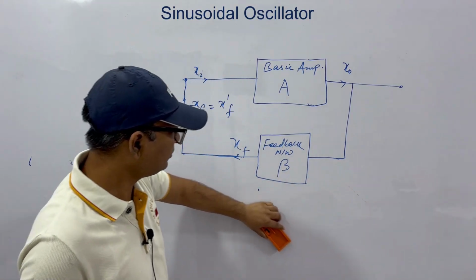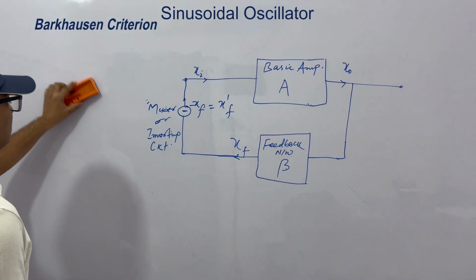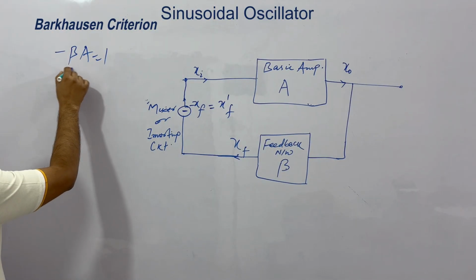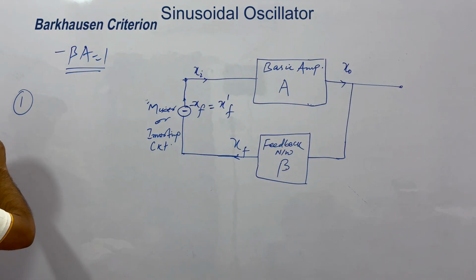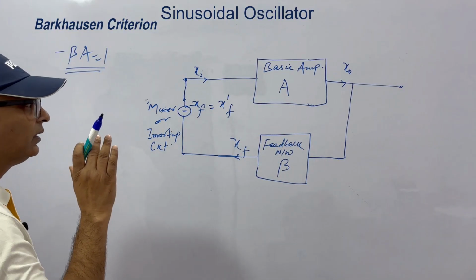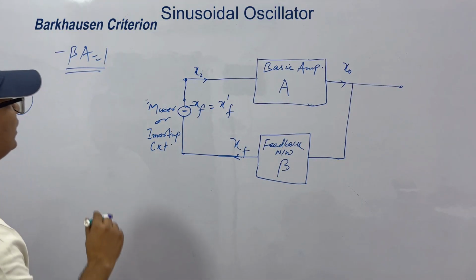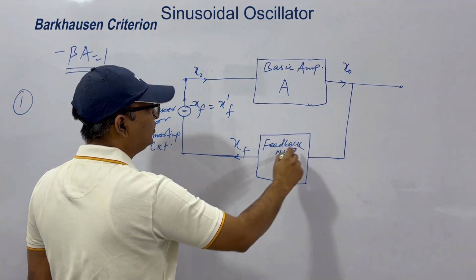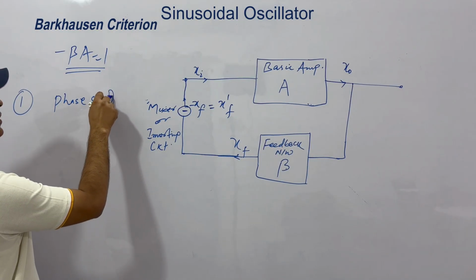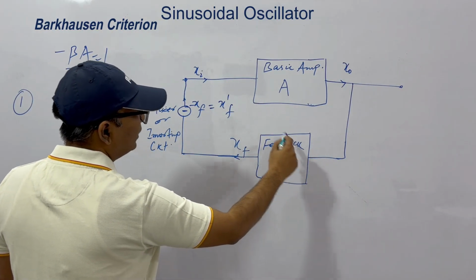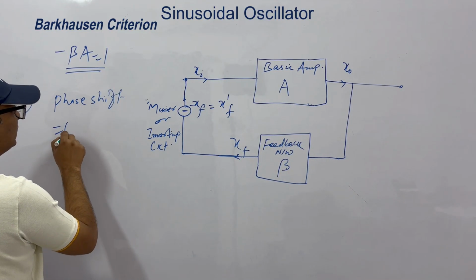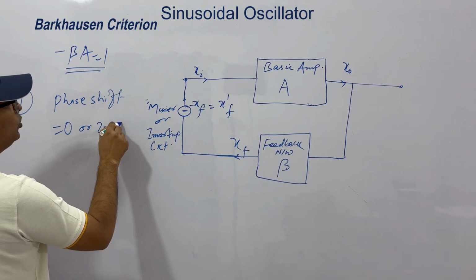See, what is the meaning of Barkhausen Criterion? First, you saw it is beta A equal to 1. This means the first condition is that from input to output, you'll have this oscillation only when the phase shift from here to back to this point, phase shift from input to output and then by feedback network to this point, is equal to 0 or a multiple of 2 pi.